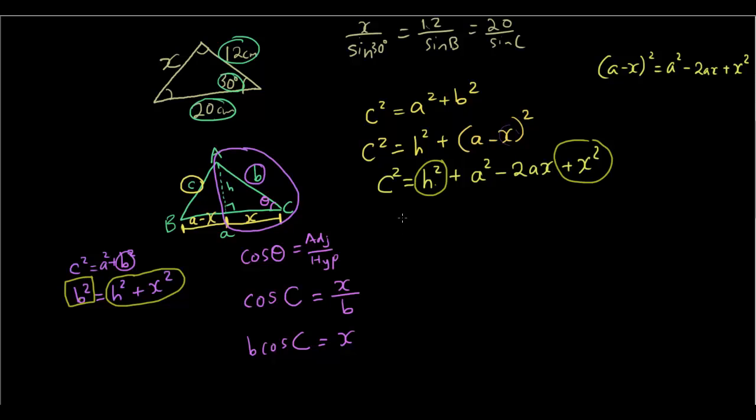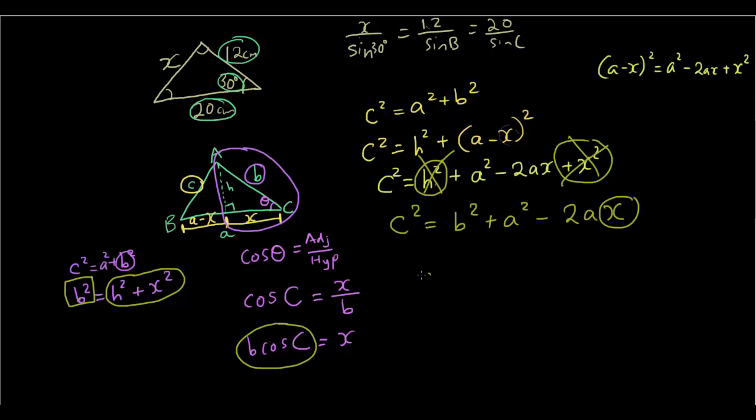So I can now write it as c squared equals b squared, so I can get rid of these two things now, plus a squared minus 2ax. And what did we say x was? x is the same as b cosine c. So c squared equals b squared plus a squared minus 2ab cosine c.